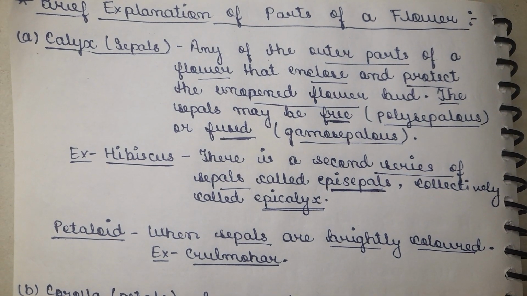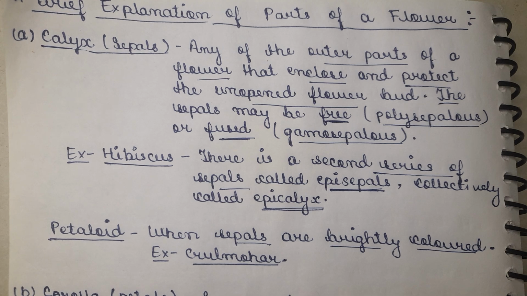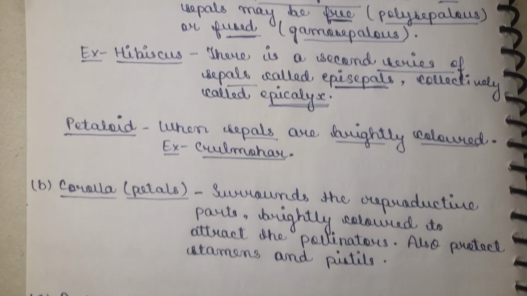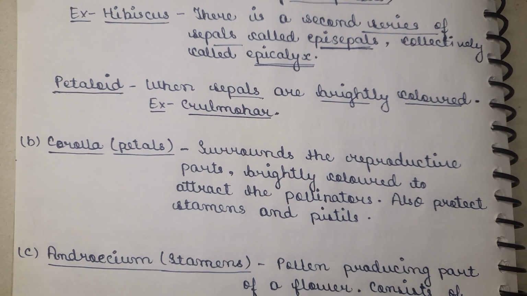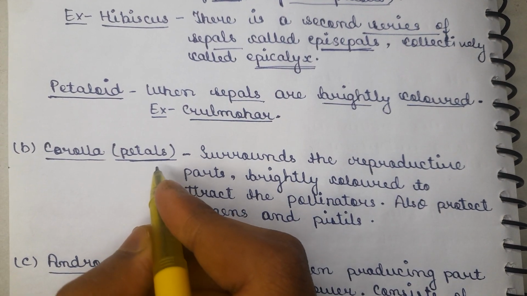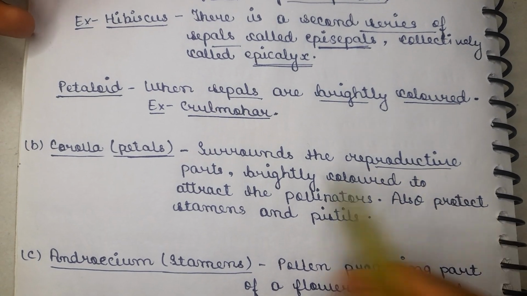Now we are going to talk about the second whorl of the parts of a flower, that is the corolla. The corolla is basically the collection of petals, the attractive part of the flower. These surround the reproductive parts.